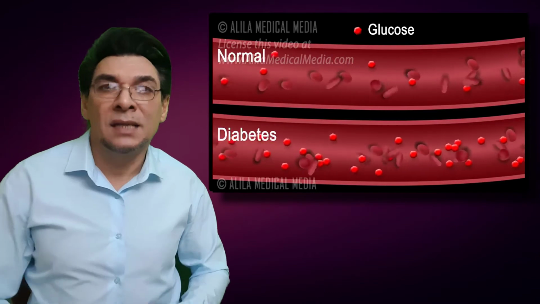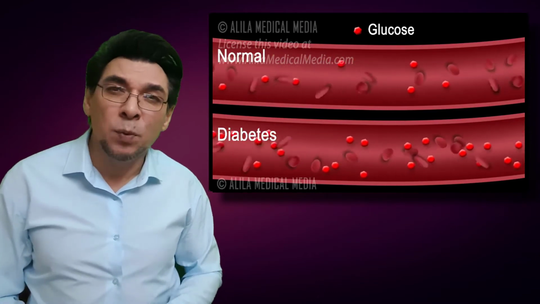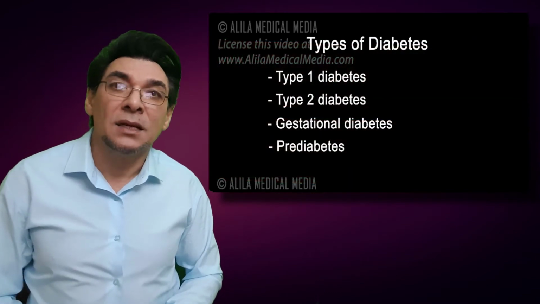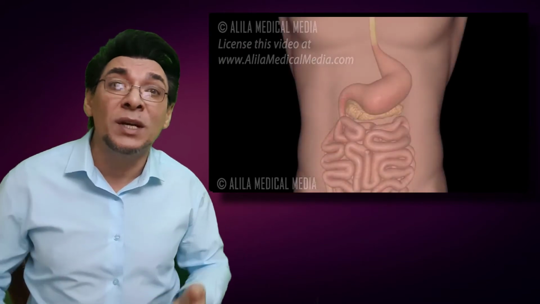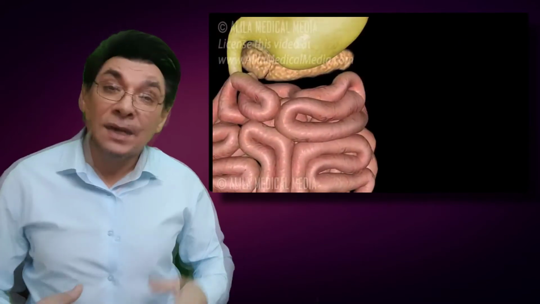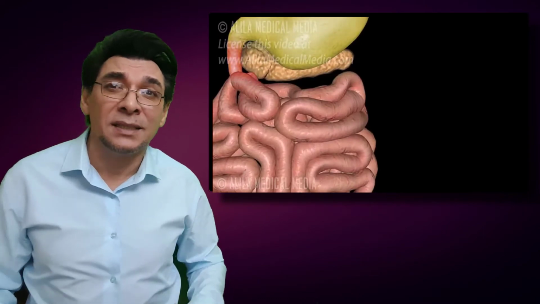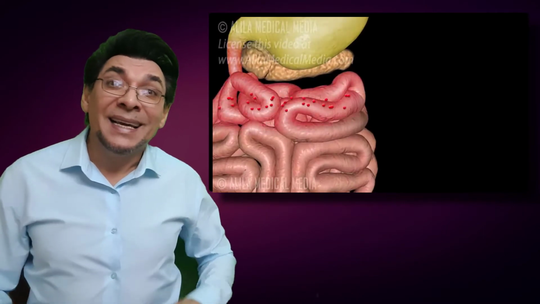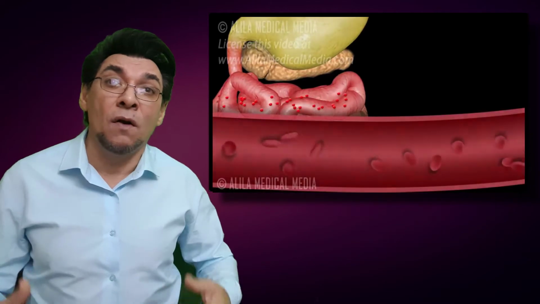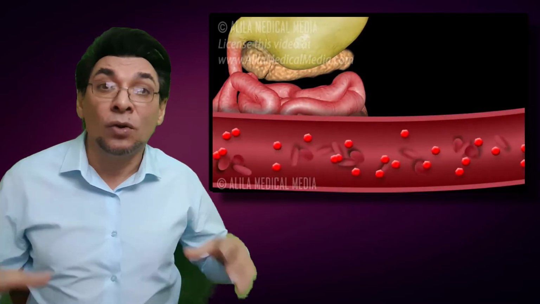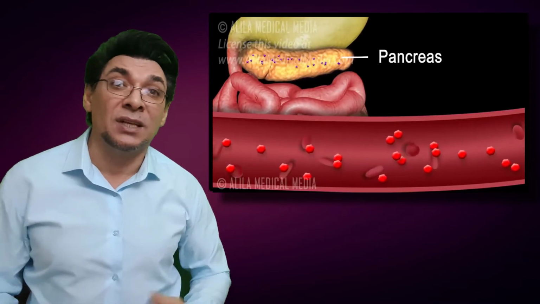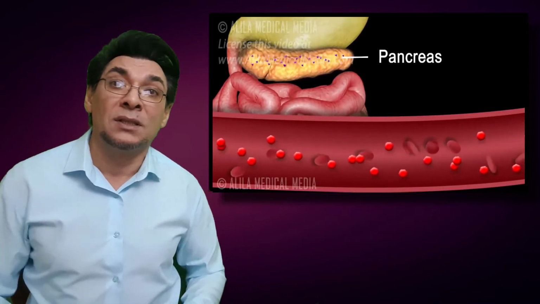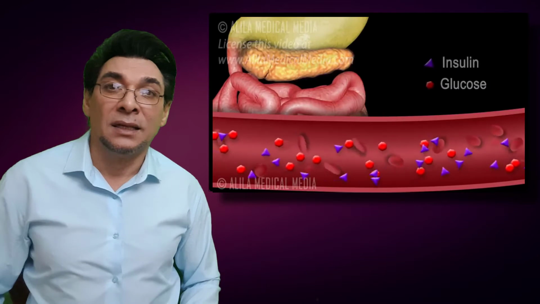Diabetes mellitus has several causes. Type 1 diabetes mellitus occurs when too little insulin is secreted from the pancreas, and type 2 diabetes mellitus is caused by insufficient numbers of insulin receptors on target cells or by defective receptors that do not respond normally to insulin.